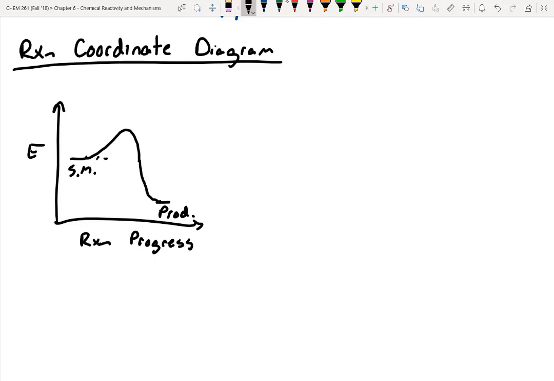So when we look at this, we kind of cut our hill in half. The hump that you have to go over, this is called your activation energy. Sometimes you have a large amount of activation energy. Sometimes you just need to barely nudge the car and it will roll down.